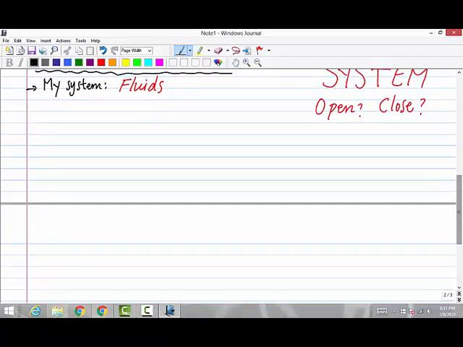So I should pick the block of water and the manometer.